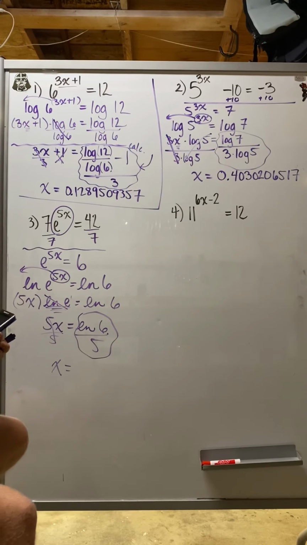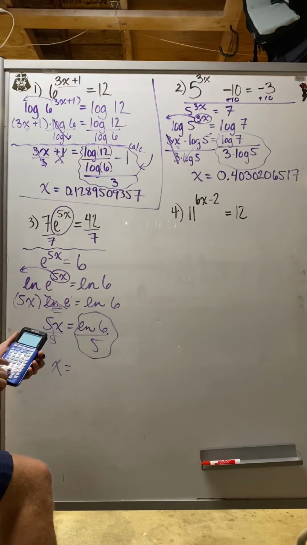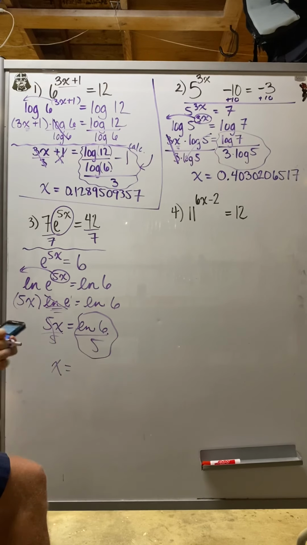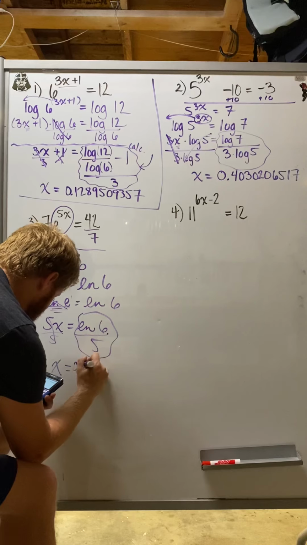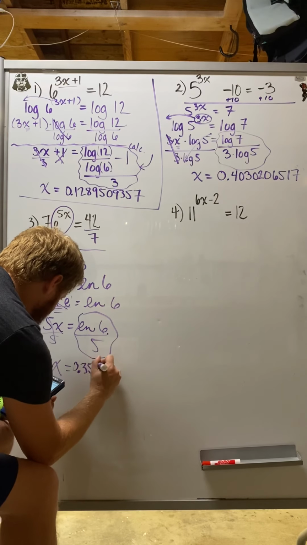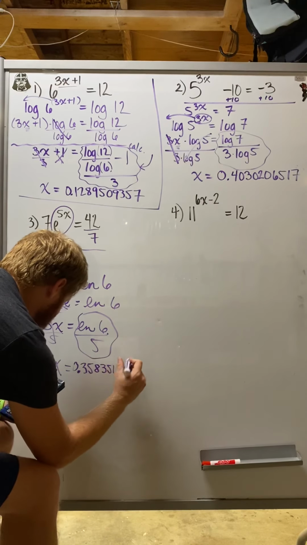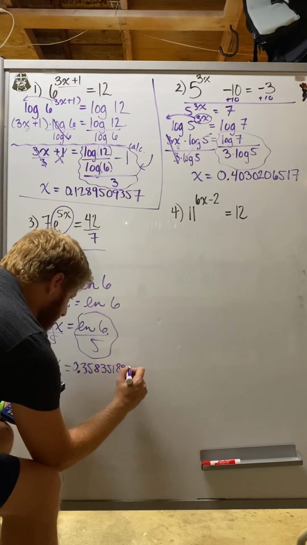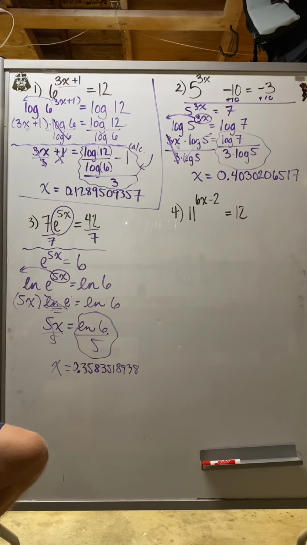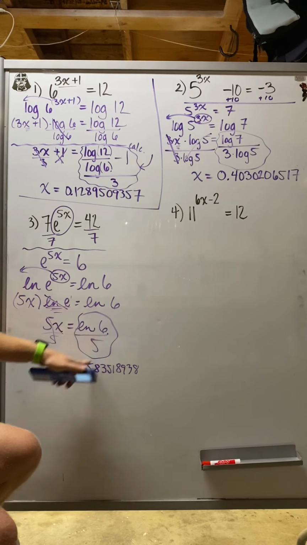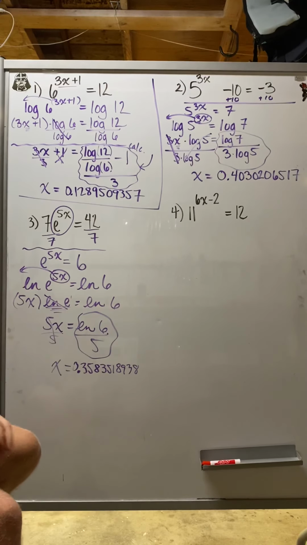I'm literally going to use the ln button for the first time ever. ln of 6 divided by 5 gives me an answer of 0.353518938. If you don't get that, try it a few more times, writing it in this way. If you still don't get it, I'll see you in our Zoom session on Tuesday.